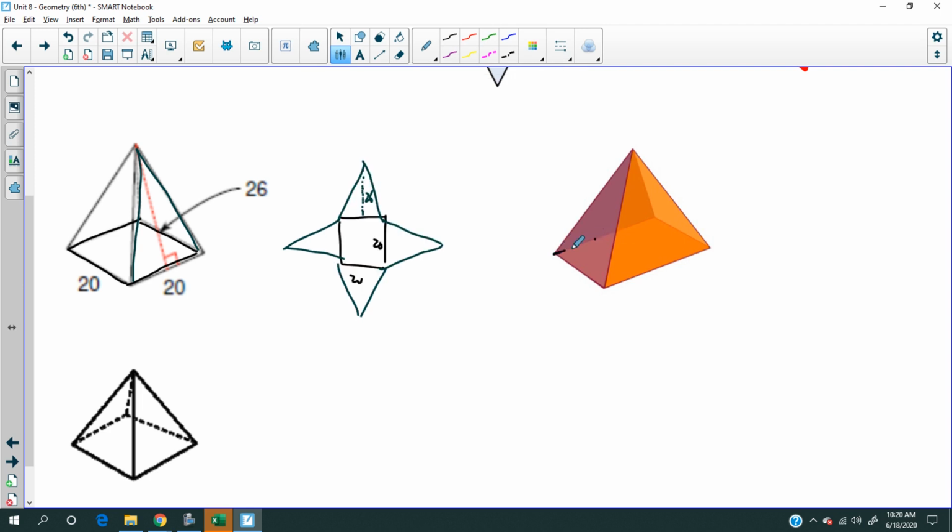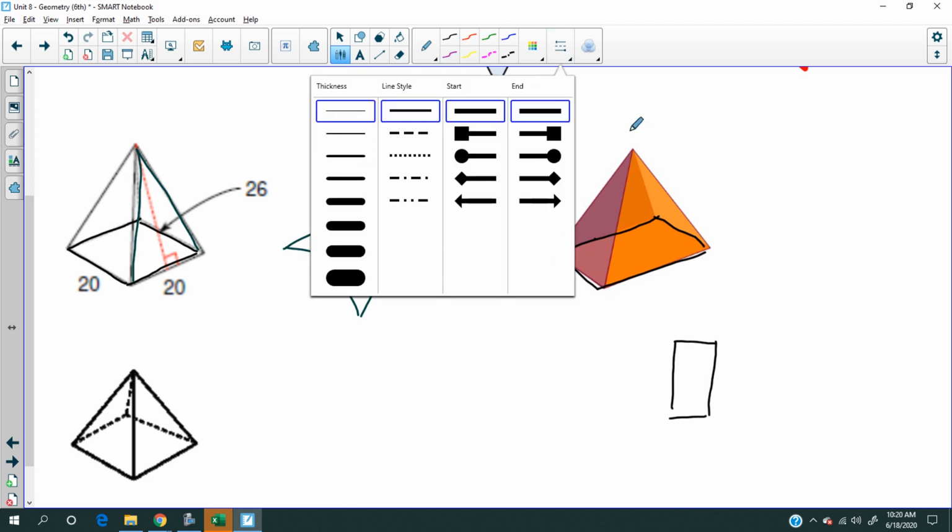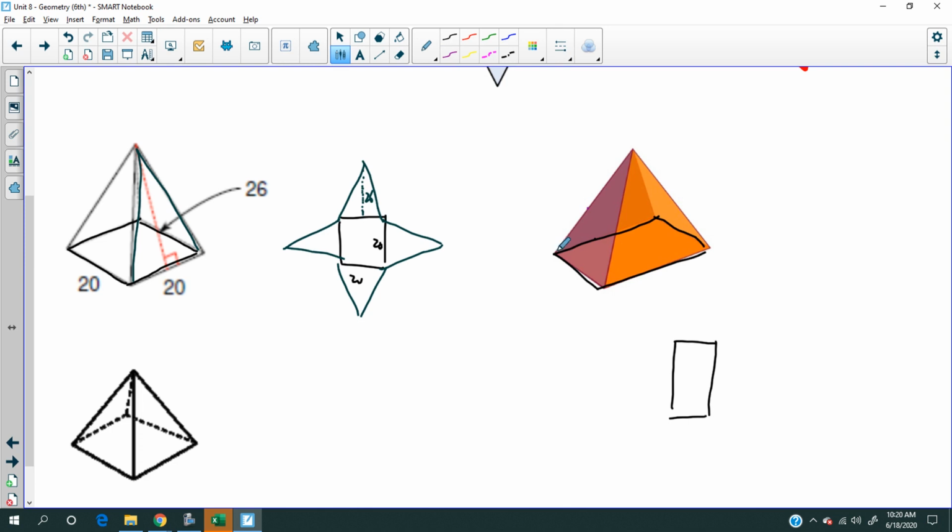So here we have a rectangular base. So I'm going to draw the rectangle here. Now, again, there are no numbers to label, okay? So in this case, I want to point this out to you, that there are 2 different types of triangles here. One, we got this thing going on. All right? I don't know if purple and purple is the best thing to do.